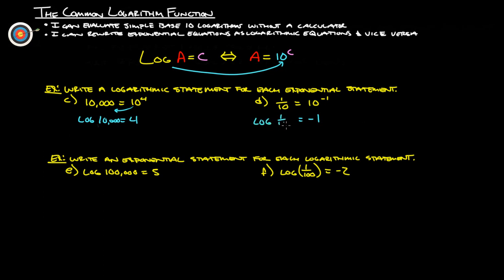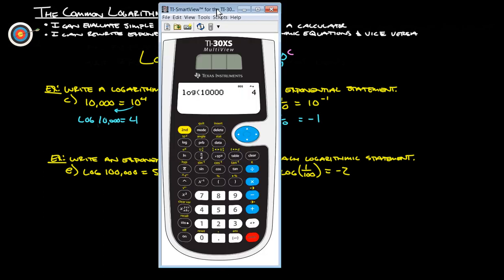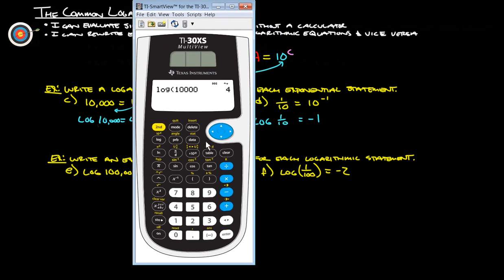So log of 1 over 10 equals -1. Okay, and I can show you that one too, just for kicks. So we can do log of 1 over 10, close our parenthesis, push equals, and there's our -1.